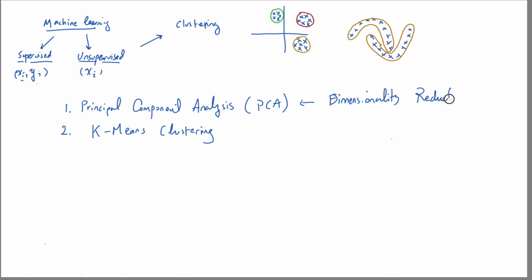The way principal component analysis works, and we'll talk about this a lot, is that we have some kind of high dimensional data set, so lots of features, and we try to summarize the data in a smaller number of features. This comes up a lot, for example, in image data. What is an image? Well, an image is a grid or a matrix.